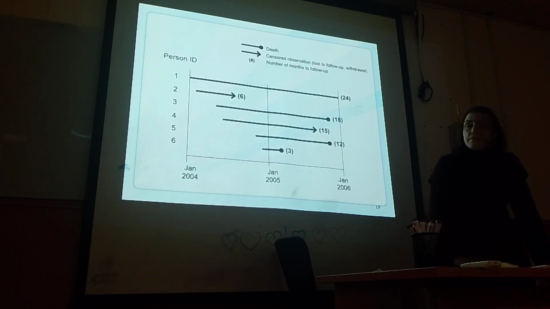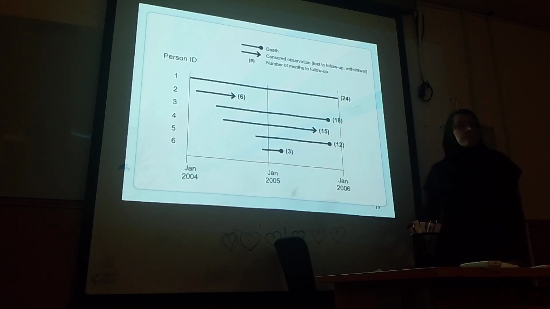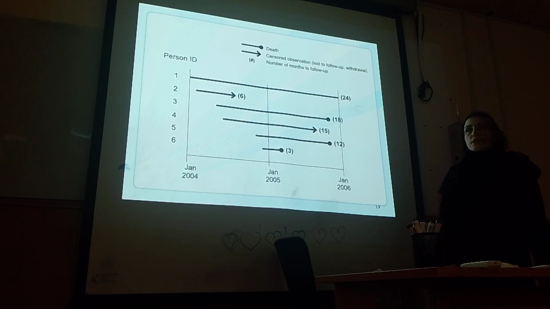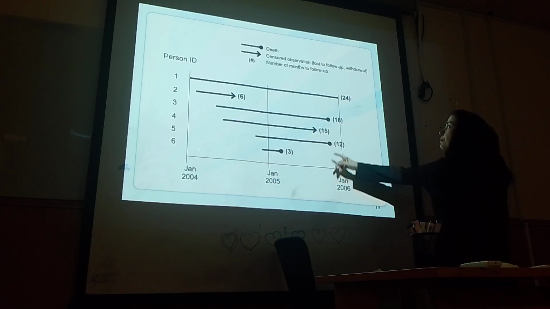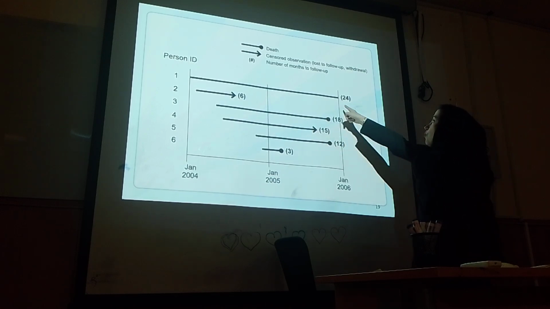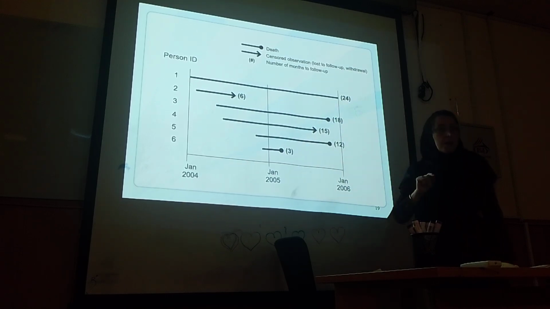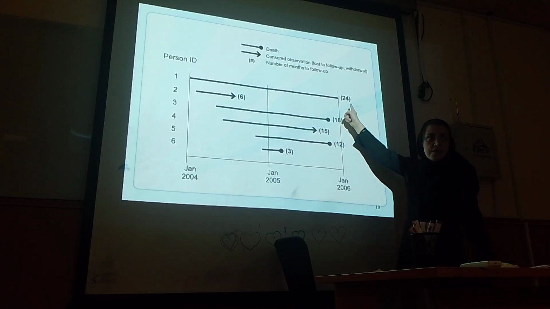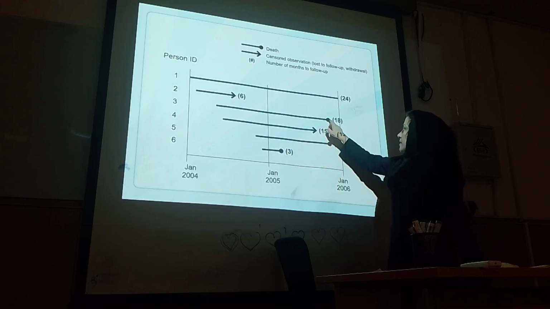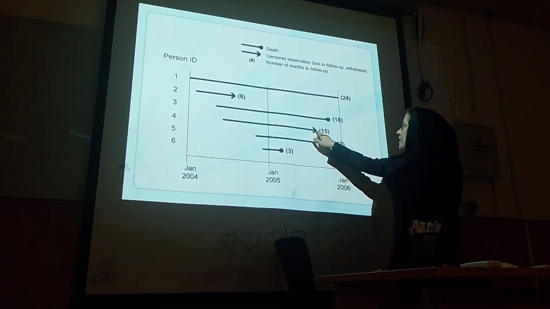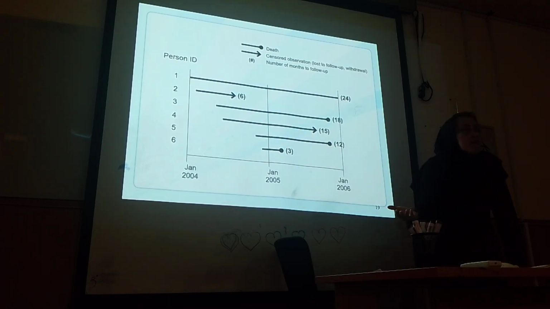Okay. Please see here. I show you all these 6 individuals. This is 2 years. We have a person ID 1 who survived up to the end of the study. These are 3 deaths. These are 2 who have been missed.